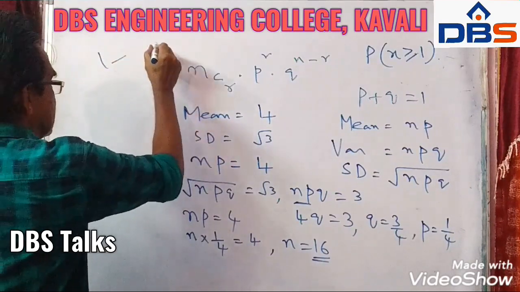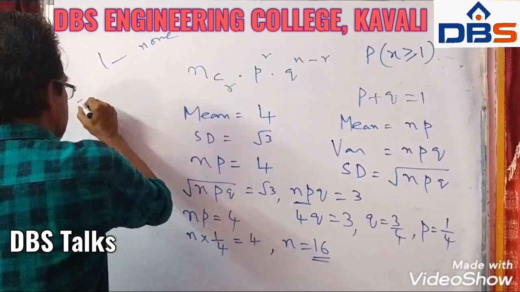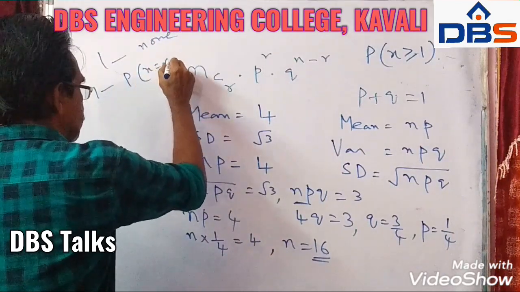1 minus none, that is equal to 1 minus P of x is equal to 0.